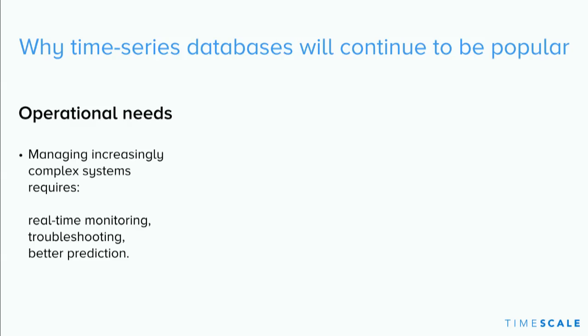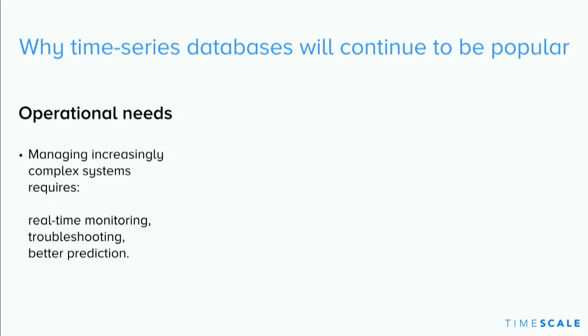Number one is increasing operational needs. We increasingly find ourselves managing more and more complex systems. Within the IT world, you have data centers and clusters and VMs and containers and microservices.